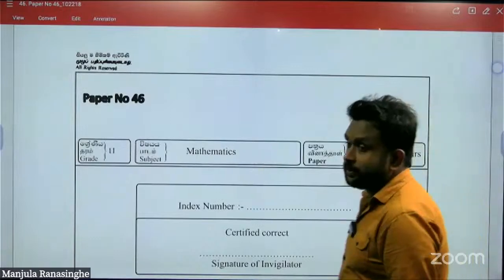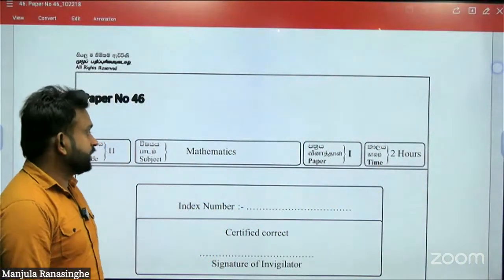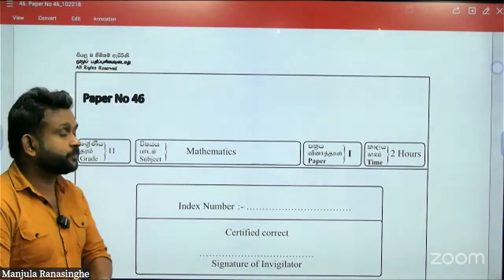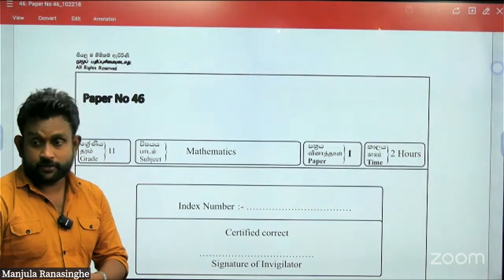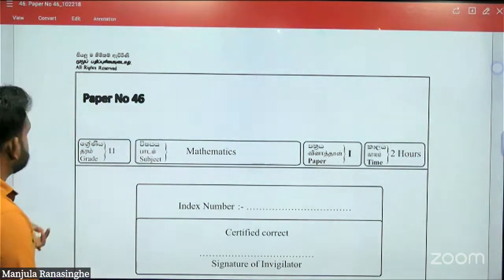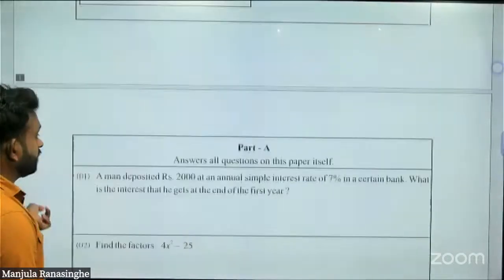This is the standard paper which covers the whole first paper contents. One by one, I will discuss the questions. See to the paper now.